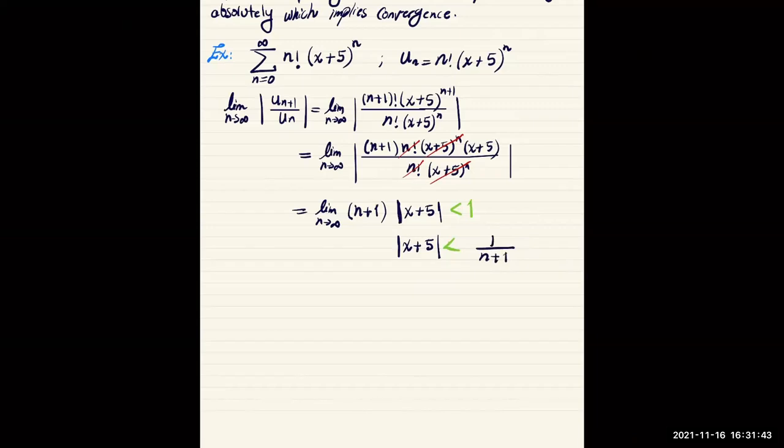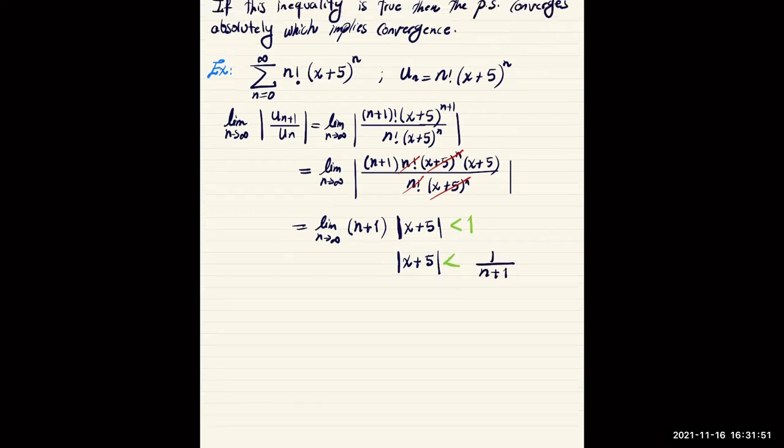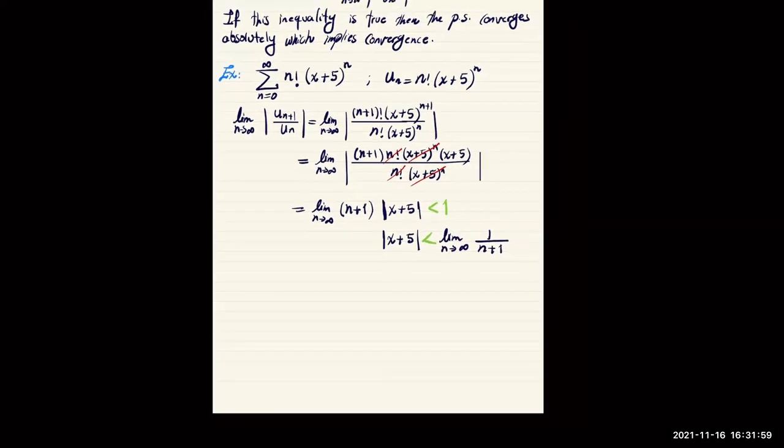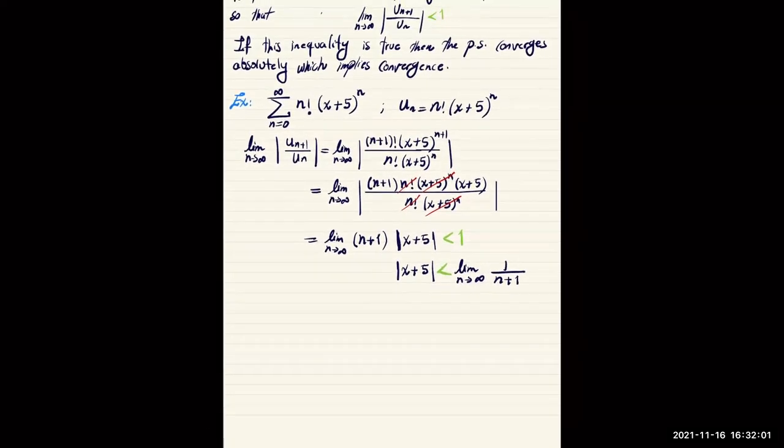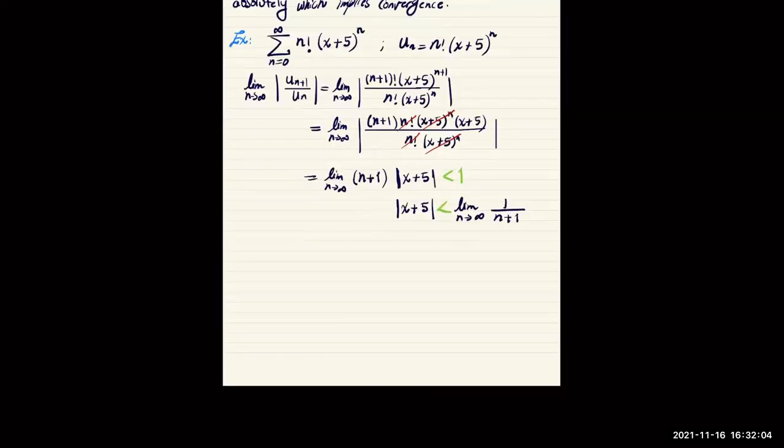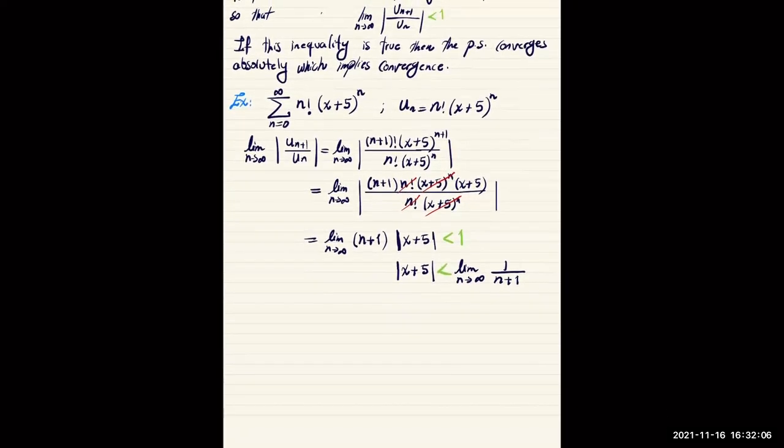I need to divide by n plus 1 to solve for x, okay? Absolute value inequalities. And then you can put the limit on the right-hand side. All right, take the limit. You get less than 0.